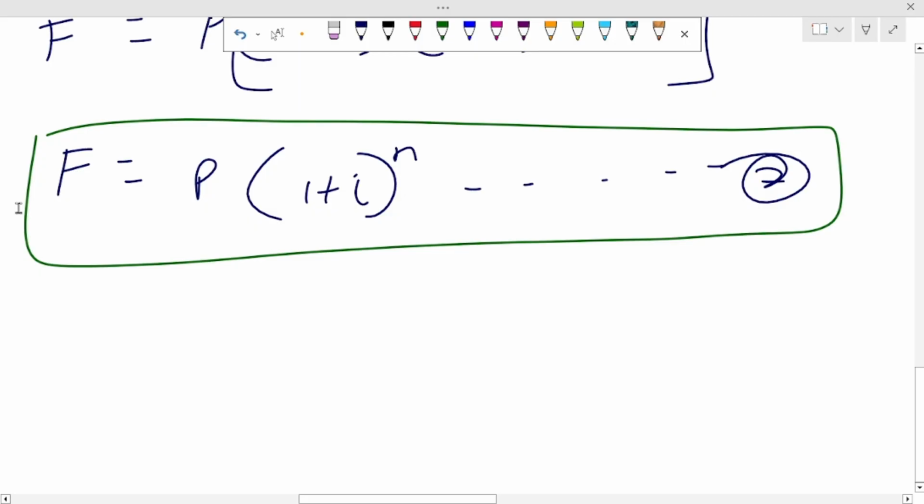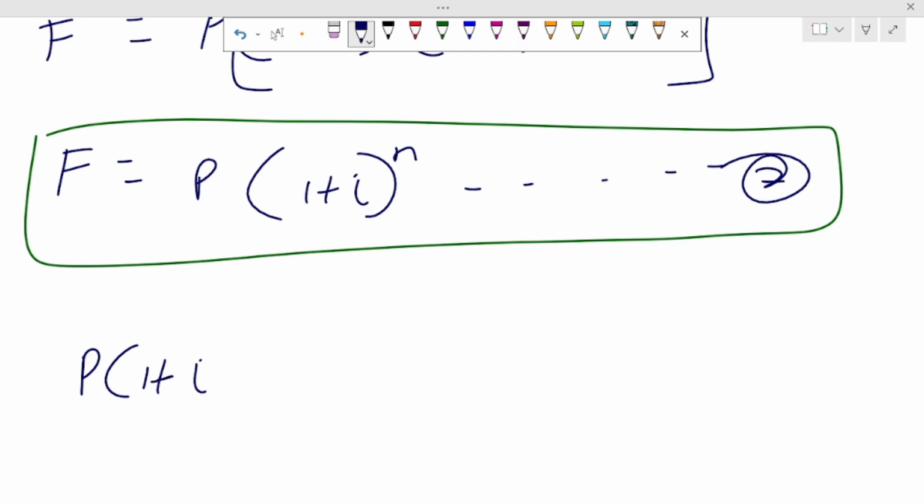Then, what if you are given the future sum of money and you are looking for either the rate or the number of years or the sum of money? Let's say you are looking for the sum of money, there's one other formula, but you can derive that formula from this by switching the sides.